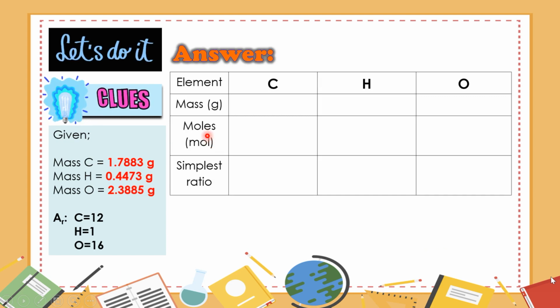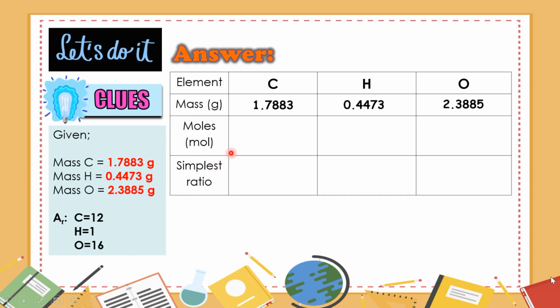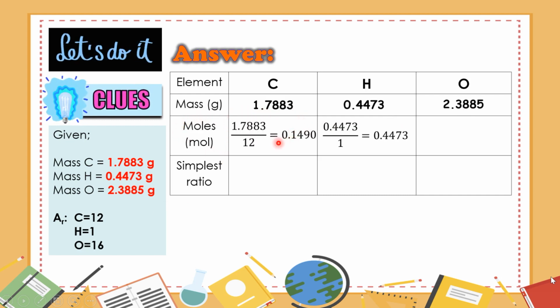For the next calculation, you can draw a table like this to calculate the empirical formula of compound A. From the previous calculation, you already calculated the mass of carbon, hydrogen and oxygen. Then you can substitute in the table the mass of each element. Next, calculate the moles of each element: mass over molar mass.